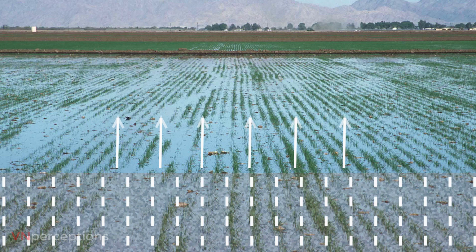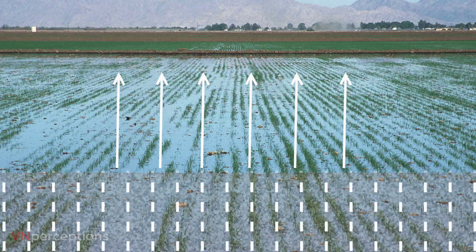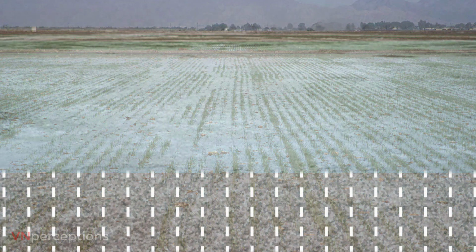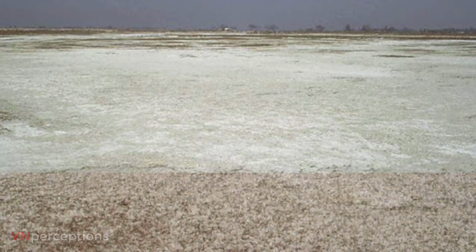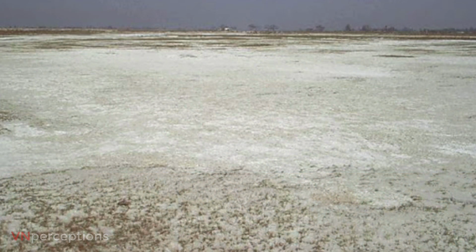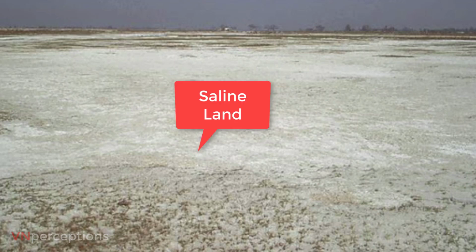And finally, all the water from the surface of the field and the subsoil evaporates, and the salt comes up and accumulates on the surface. That is, a layer of salt is formed. So this results in the formation of saline lands, which makes the land useless for agriculture.